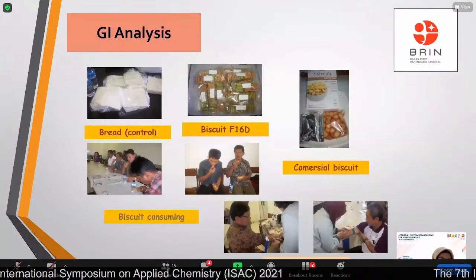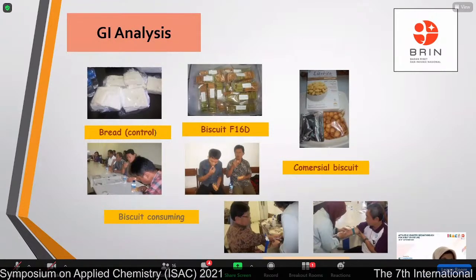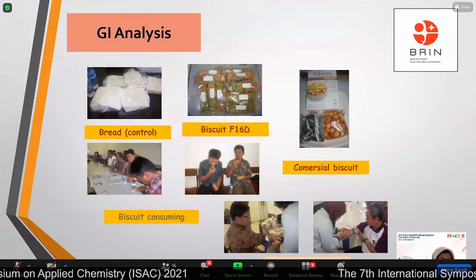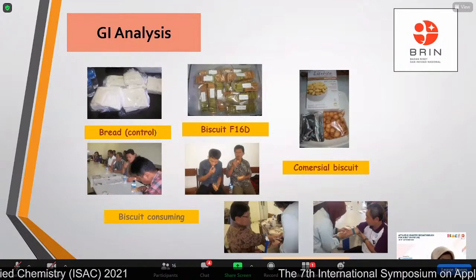The participants of the study were 14 people who met the inclusion criteria: they were in a healthy state, non-diabetic, had a normal fasting blood glucose level, and were between 18 and 20 years old. The day before treatment, the subjects were required to fast for 10 hours.